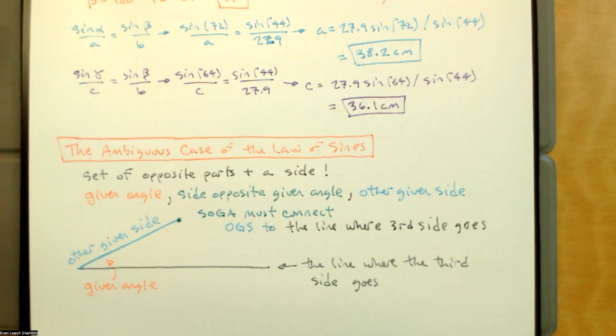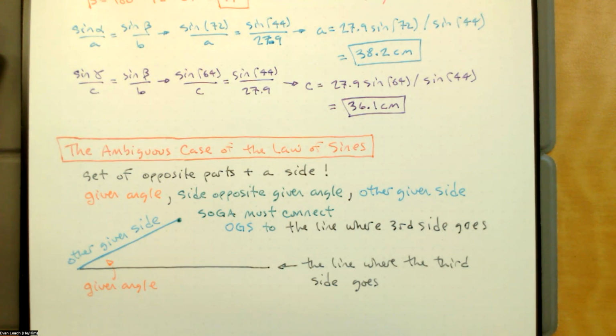The side opposite the given angle must connect the other given side to the line where the third side goes. What this means is that we could end up with different numbers of triangles. It could be that the side opposite the given angle is too short to cover the distance.